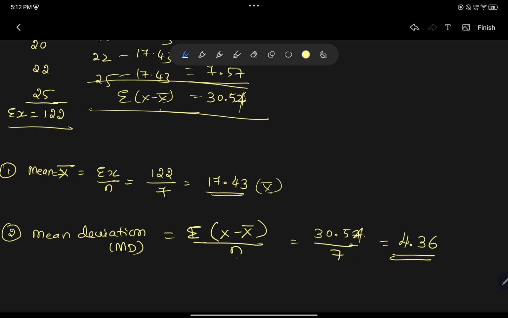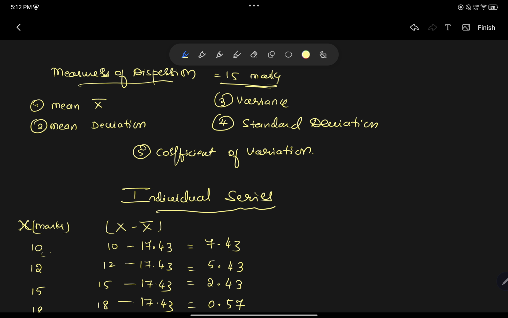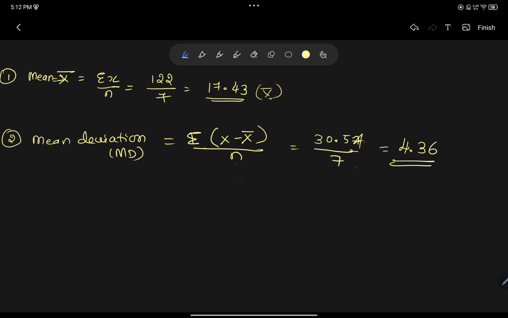This is so simple. Mean deviation is equal to summation of x minus x bar divided by n. So in the examination, if they ask you to calculate only mean deviation, you have to calculate only this much. But if they ask you to calculate variance, standard deviation, coefficient of variation, correct? Third one, variance.